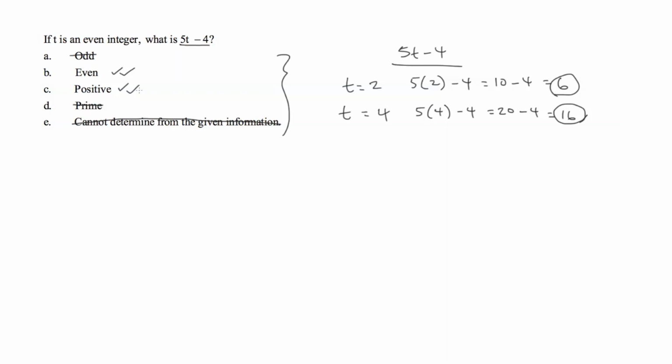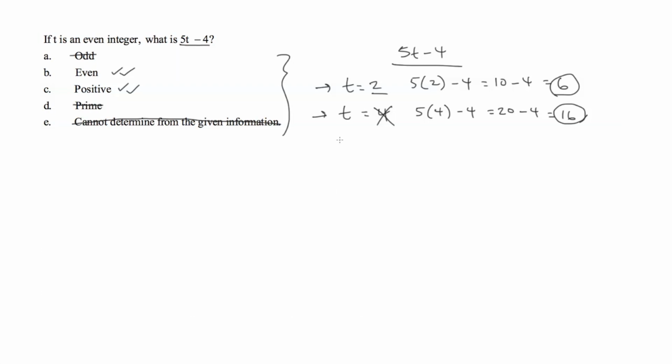Now for these types of questions where you're plugging in a value for t, you also want to approach the plugging in process in an intelligent way, which means if you plug in 2, it's probably not a good idea to plug in 4 because they're very similar types of numbers.